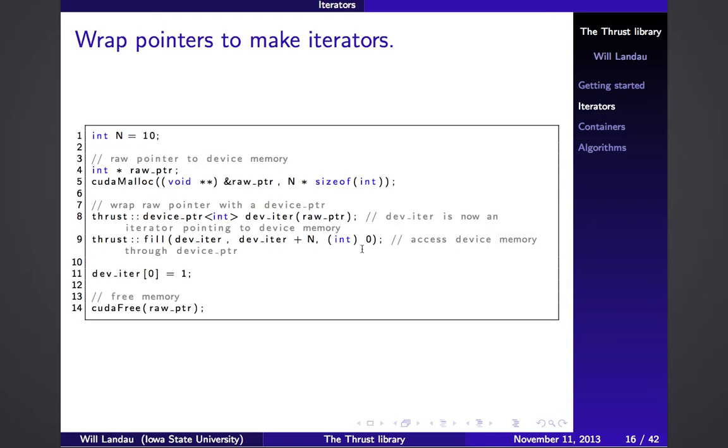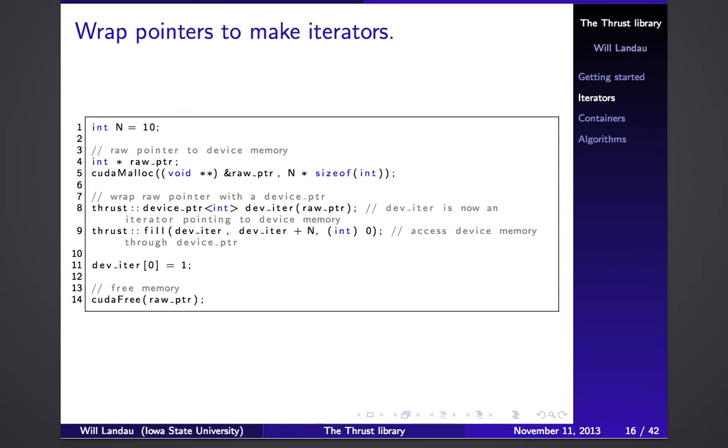Now, there are some times when you need to go back and forth between iterators and pointers. Say you've done a bunch of stuff in CUDA-C without using thrust, and you want to convert it into the thrust framework, right? So you want to make your pointer into an iterator so you can use thrust functions on it more easily.